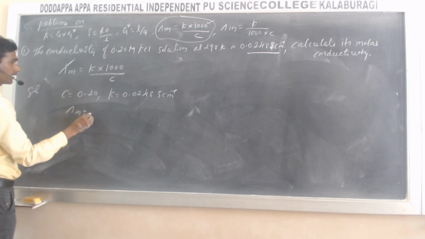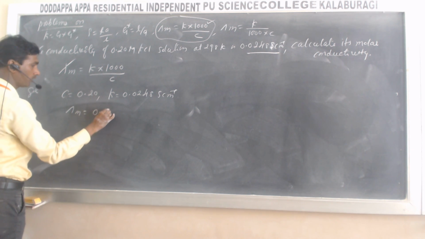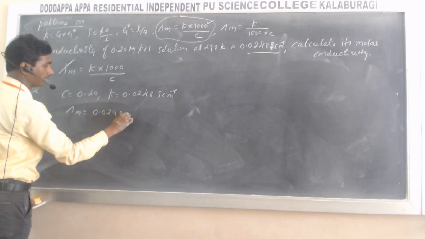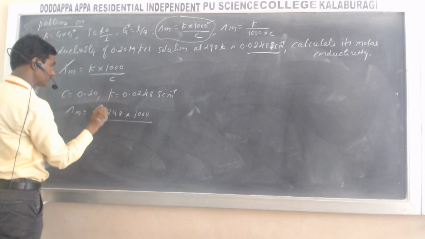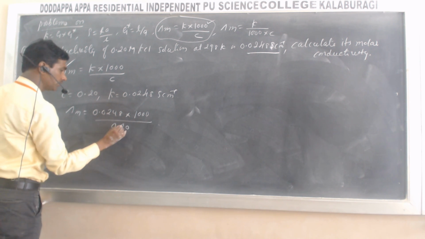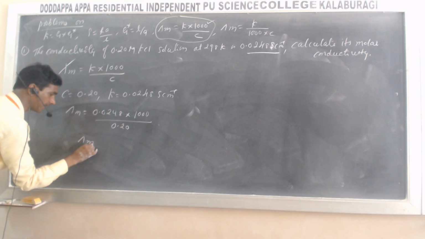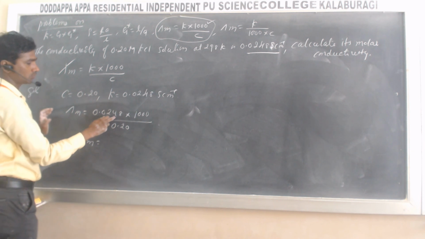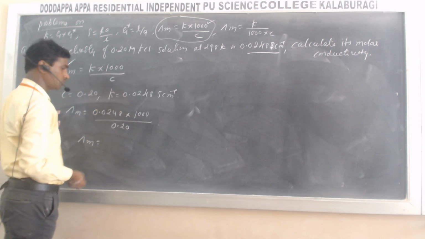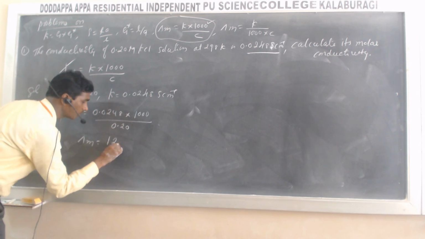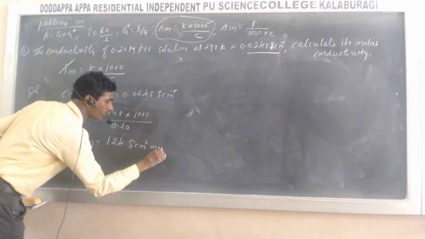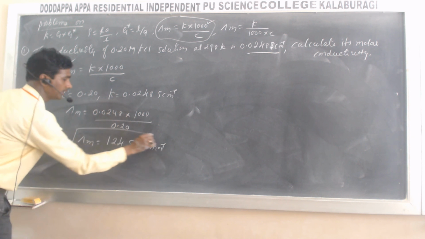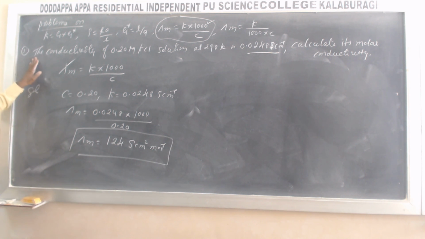So molar conductivity equals 0.0248 into 1000 divided by 0.20, so we get 124 Siemens centimeter square per mole. This is a very important example from the annual examination point of view. Okay, please take this down.